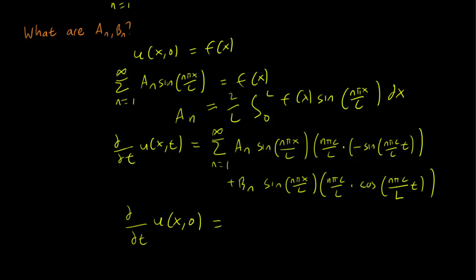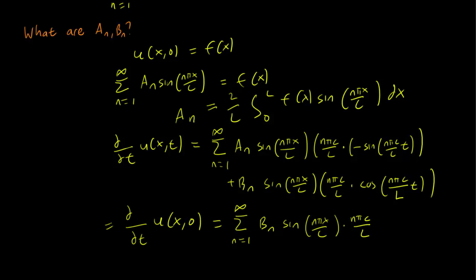So again, sine of 0 is 0, cosine of 0 is 1. So we're just left with the b_n terms. The a_n terms will go away conveniently, and we have b_n sine n pi x over L times n pi c over L times 1.